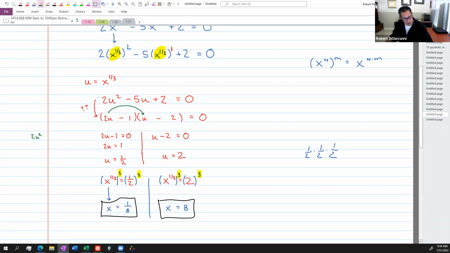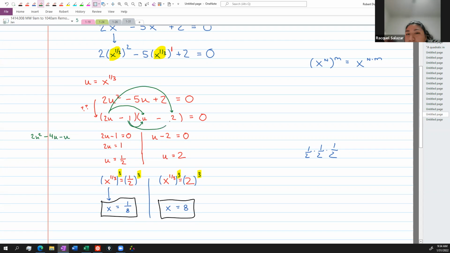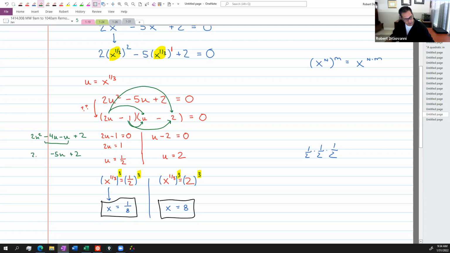Then you go here to here, and that'll give you -4u. And then you go here to here, and that'll give you -u. And then here to here will give you +2. So when you put these two together, you get -5u +2, and then 2u squared.